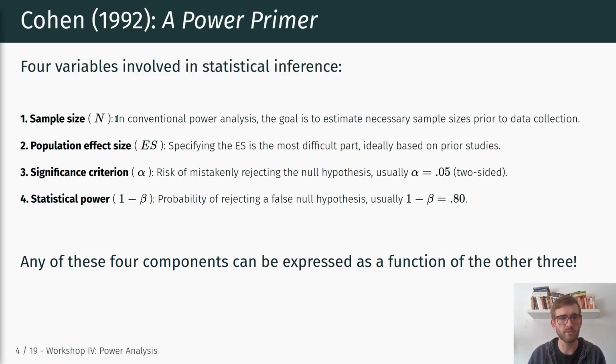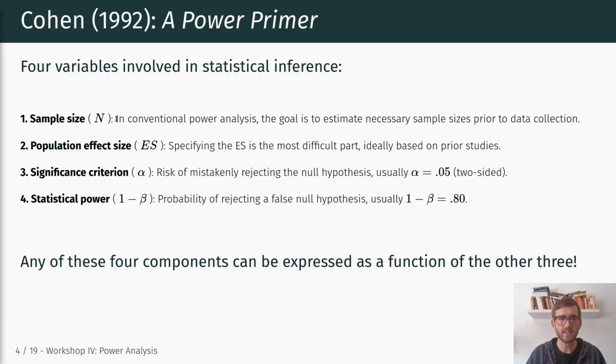You can also work with a fixed sample size and ask the question, okay, how large of a population effect size can I estimate with sufficient power? Or you have a sample size and you have a prior as to what the effect size is, and you want to know, okay, given the setup, what would the statistical power actually be, right?